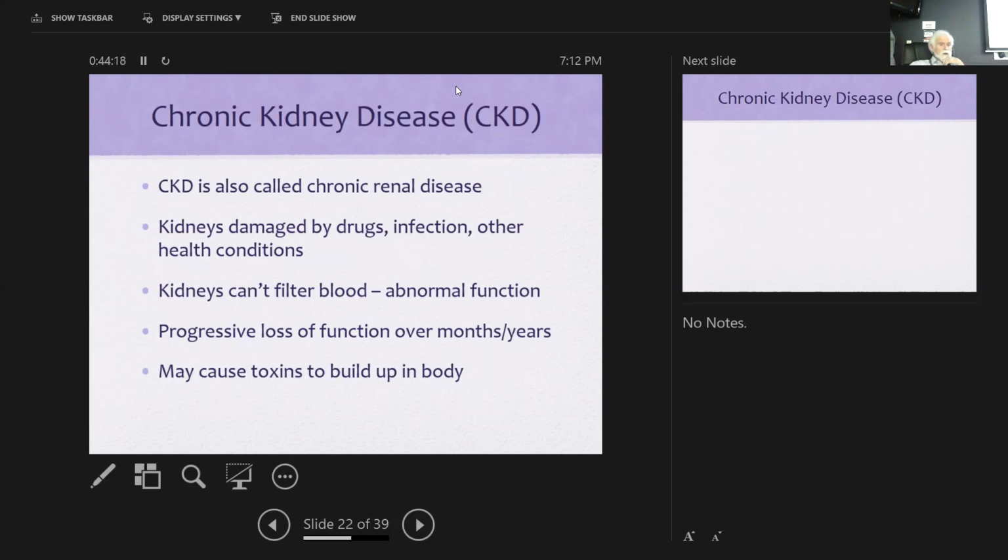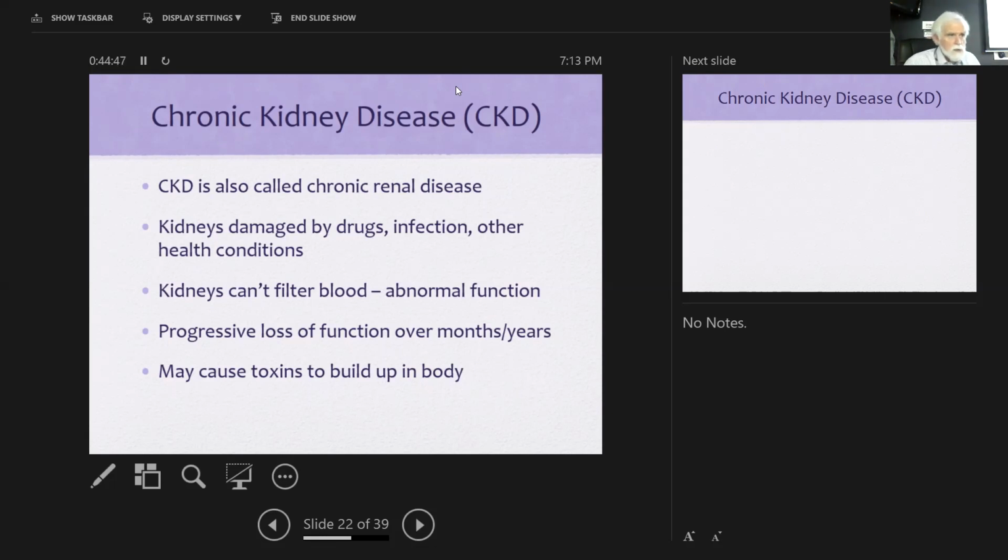And what happens is the kidney's blood filtration mechanism starts breaking down. And it starts not being able to do the job of pulling out and putting in the various things that need to go out and in the nephrons. This can be fairly quickly, or it can take time to do this.